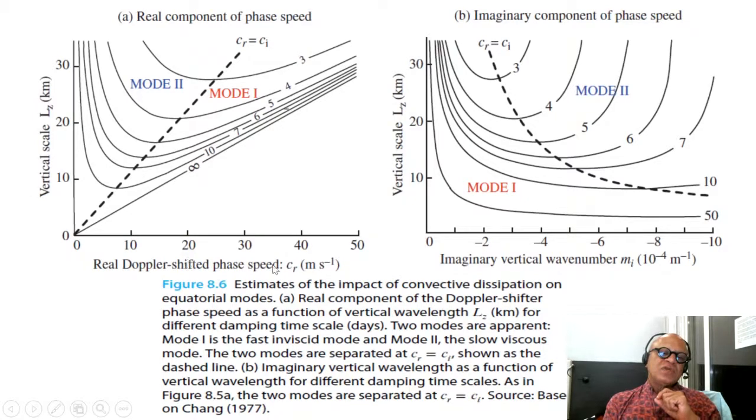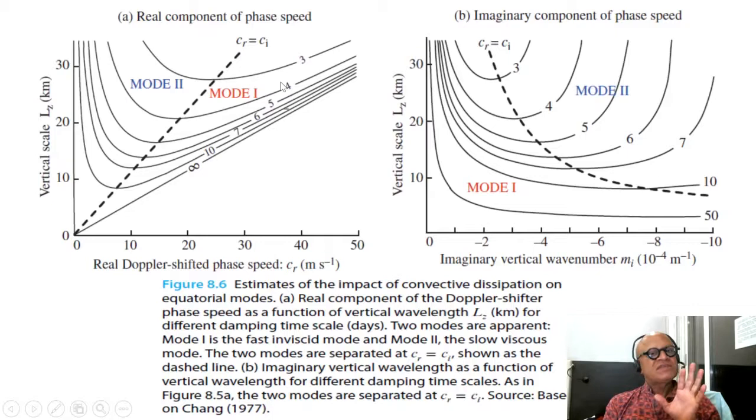Okay, so the phase speed is not seriously affected by the damping scale for the fast mode, whereas the slow mode is greatly affected by the damping time scale. Of course this is a slow mode, so you can see Doppler shifted phase speeds are slower than the fast mode.